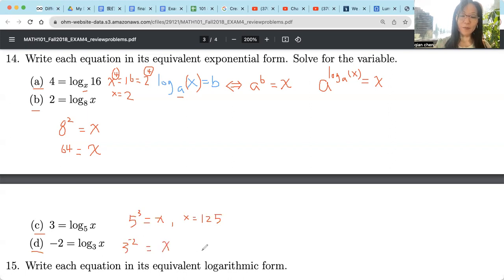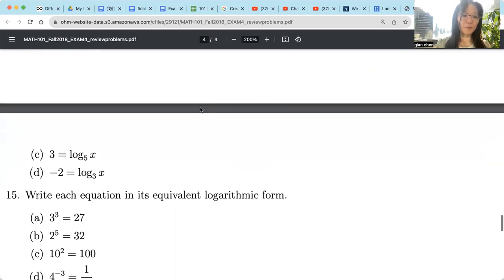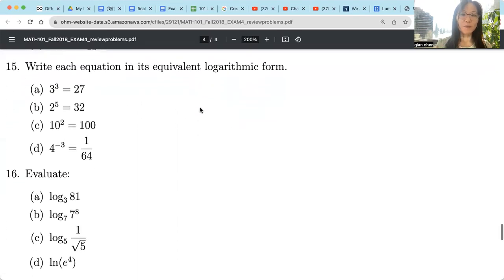Well, 3 raised by -2, that's 1 over 3 raised by 2, 3 squared, which is 1 over 9. All right, that's to rewrite the log equation into exponential equation and then solve for x.